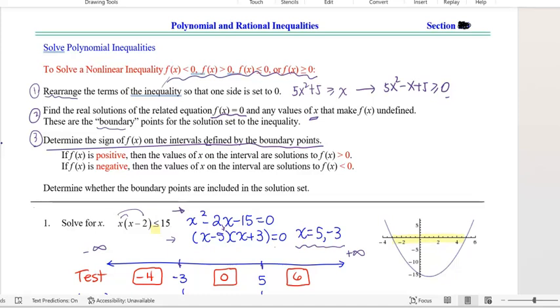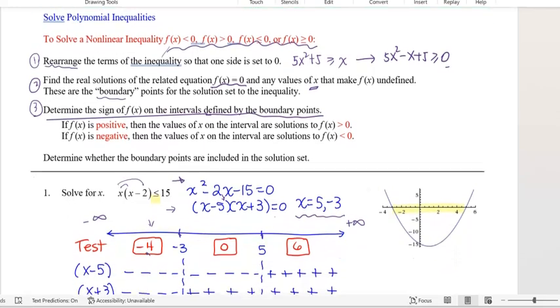So then we test each interval. First, I test negative infinity to -3. I pick a number -4, and then for between -3 and 5, I pick number 0. Next, from 5 to positive infinity, I pick number 6. You only need to pick one number in each interval, and definitely pick the easy one to calculate.